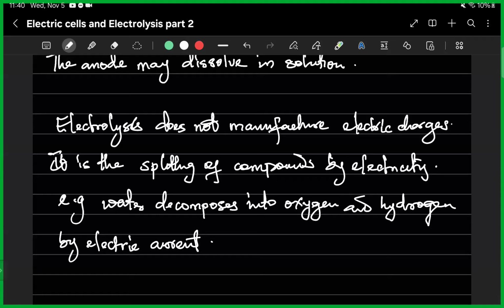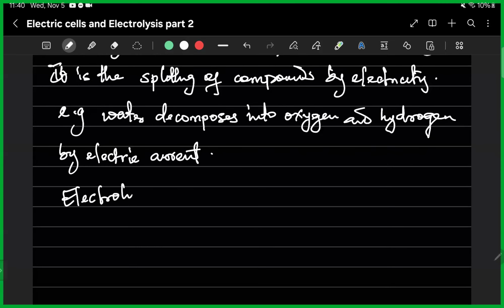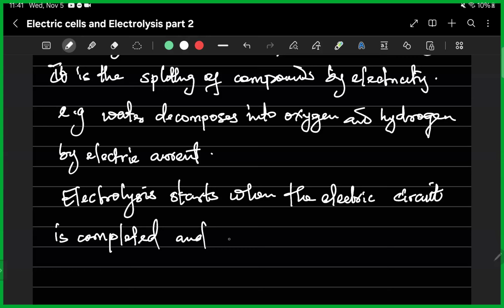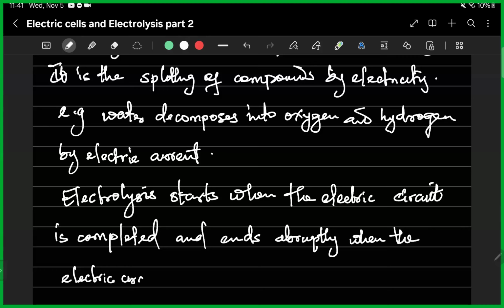So electrolysis begins or starts when the electric circuit is completed, and it ends abruptly when the electric circuit is broken.